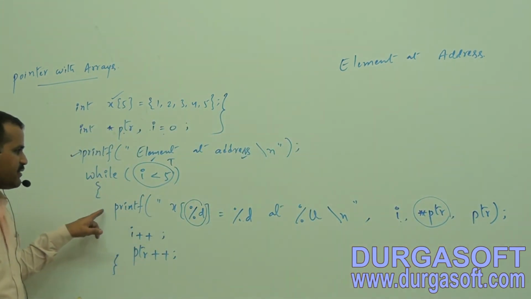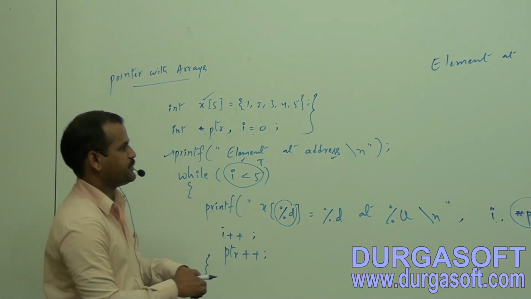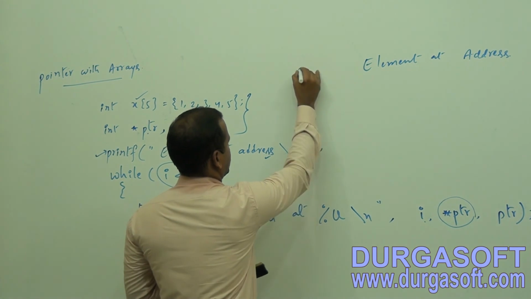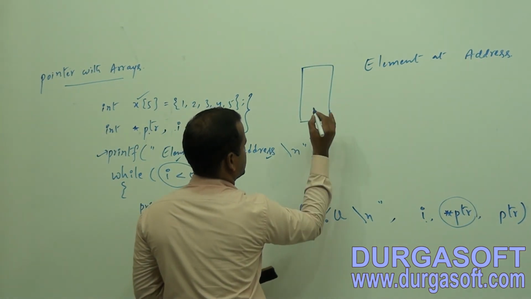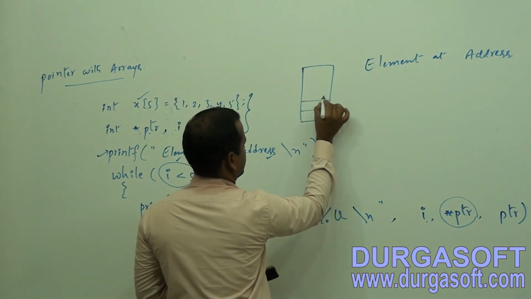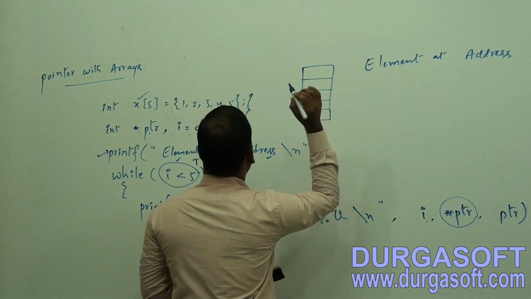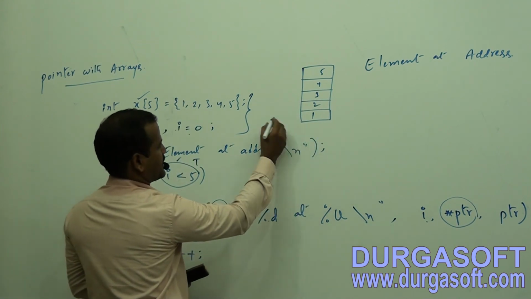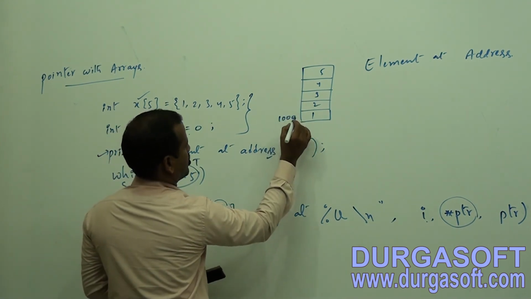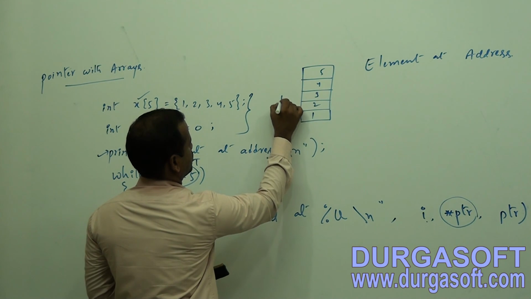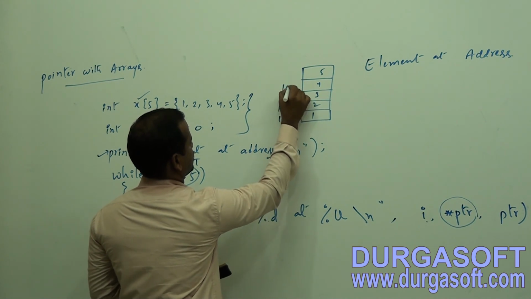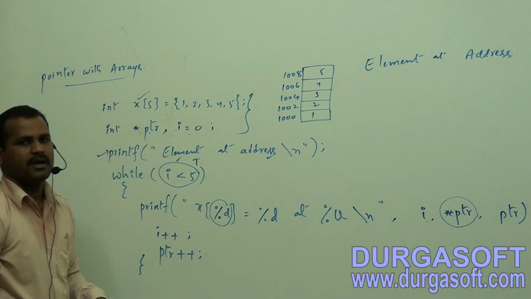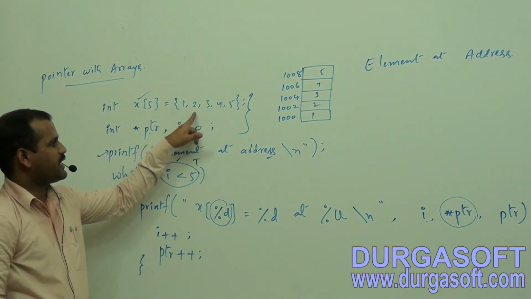Now in this printf statement, let us see what happens. After the declaration statement, let us assume that the values are stored like 1, 2, 3, 4, 5, and the addresses are 1000, 1002, 1004, 1006, 1008, the consecutive memory locations for these array elements.